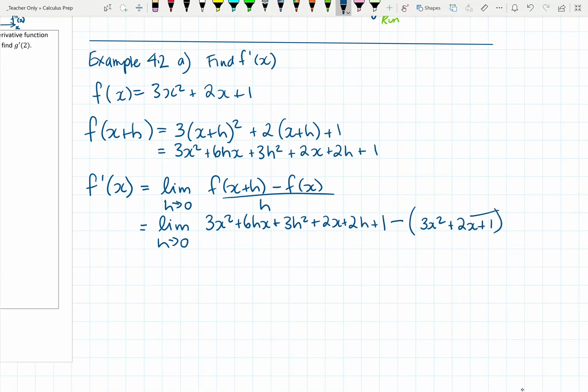Distributing the minus into the bracket is going to give us minus 3x squared minus 2x minus 1. And don't forget that that is all over h.